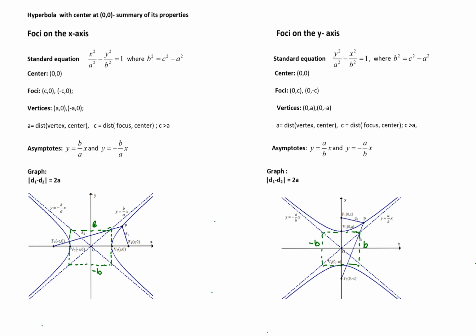The equations of such asymptotes now are going to be y equals a over b x and y equals negative a over b x, because this time the slope is rise over run, where the rise is a and the run is b.